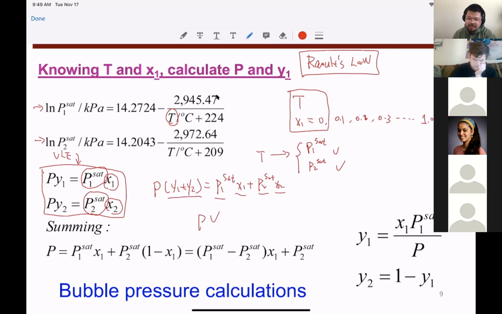Now if I know the total pressure, I pick either of the two equations, and I can calculate Y1 or Y2. So if I know the temperature and X1, then of course X2 is known. Then I calculate the total P, and then I calculate Y1 and Y2. So knowing the temperature is really convenient.